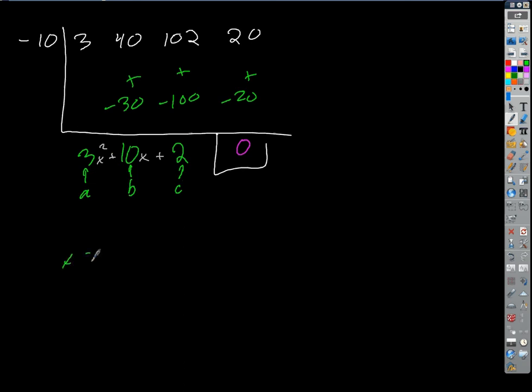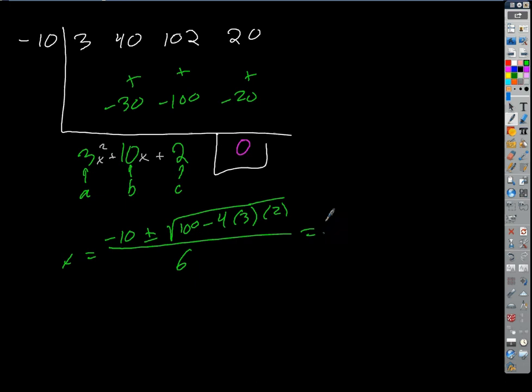So we get x equals what then? Negative b, which is negative 10, plus or minus the square root of b squared. What's that? 100. Minus 4 times 3 times 2, right? All divided by what? 2 times 2 times 3, which is 6.